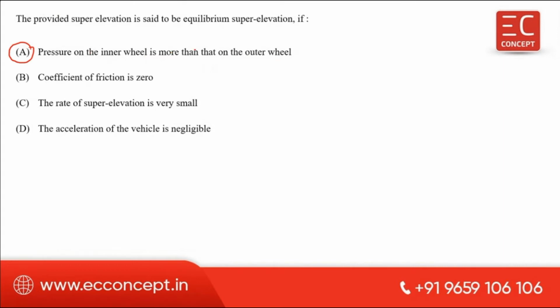But in the TRB key they given the coefficient of friction is equal to 0, but the actual concept is that the pressure on the inner wheel is equal to the pressure on the outer wheel. But the TRB official key says coefficient of friction is equal to 0, therefore I'm giving the answer B is correct.